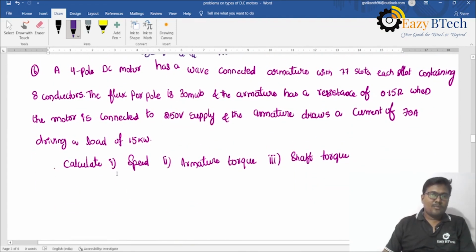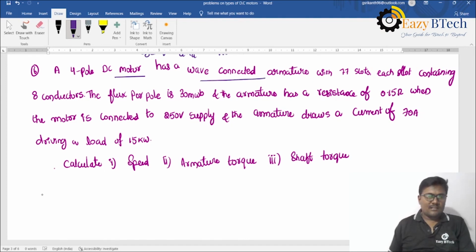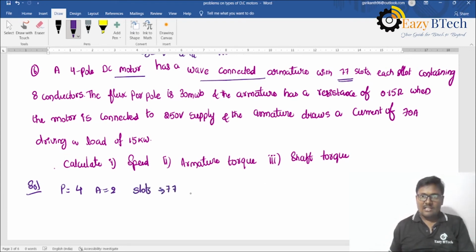And the next important problem: a 4-pole DC motor has a wave connected armature. So write the given data. For the given data you will get 1 or 2 marks. Number of poles is 4. The wave connected means number of parallel paths is 2. The slots are 77, and in one slot 8 conductors are there.